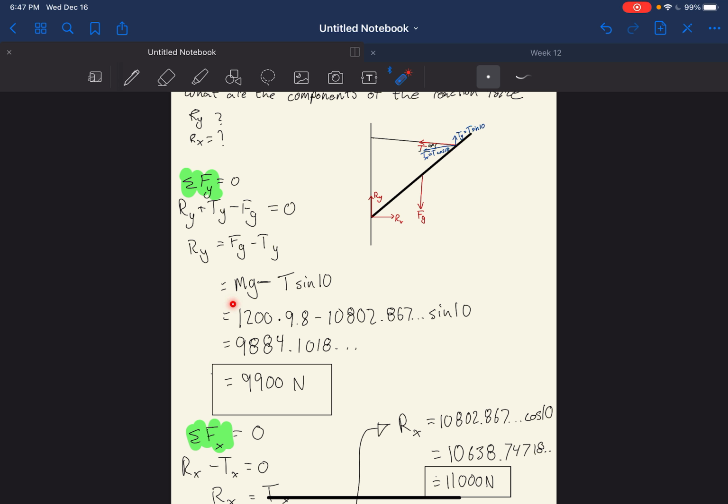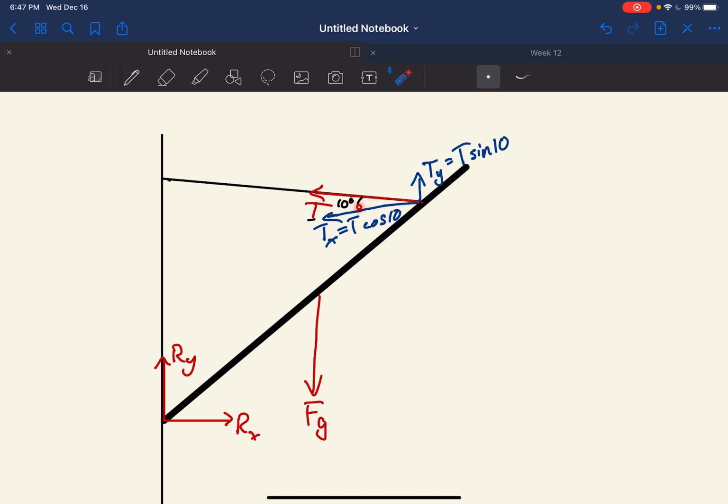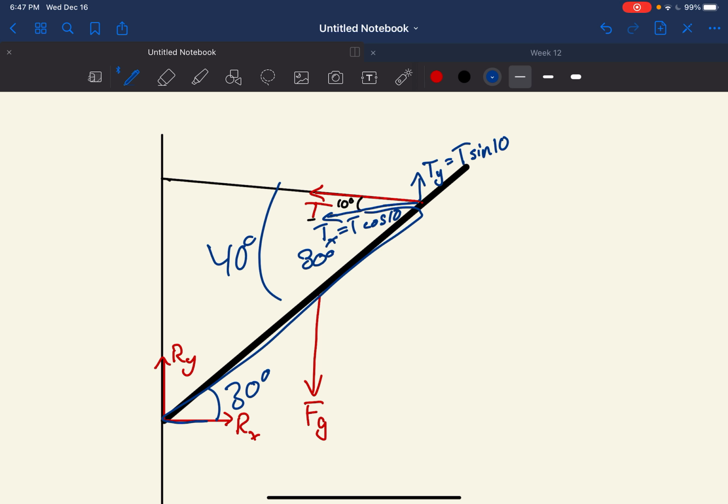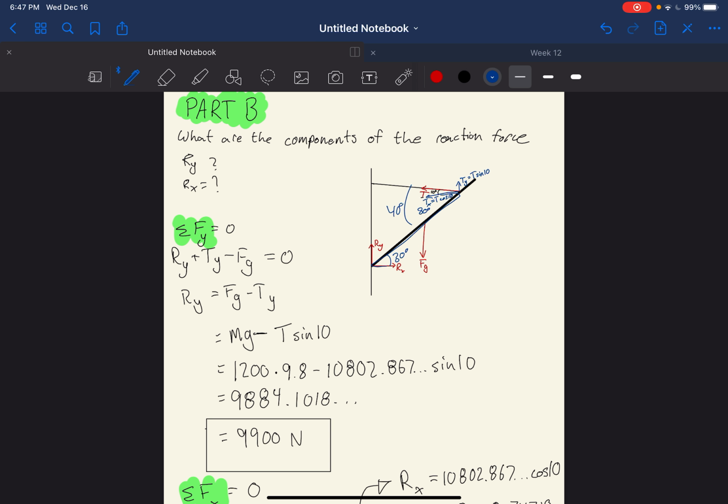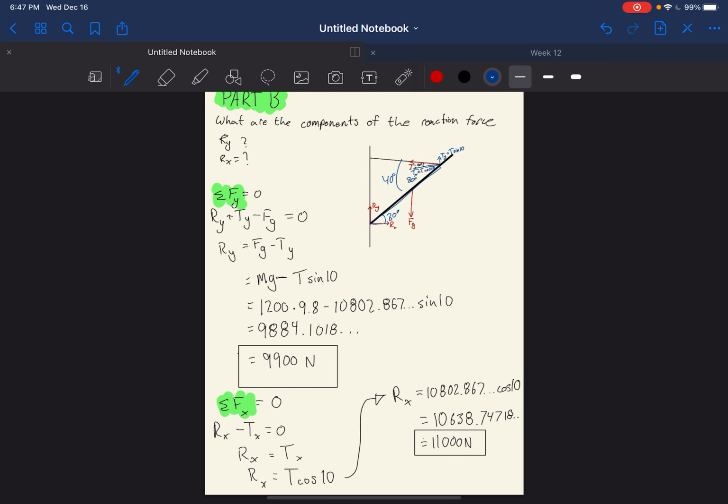So Ry is equal to mg minus T sine 10. The 10 degrees is here. This was originally given to us as 30 degrees here, which makes that 30 degrees. We knew that was 40 degrees, so that makes that 10. That's how we found the 10 degrees.